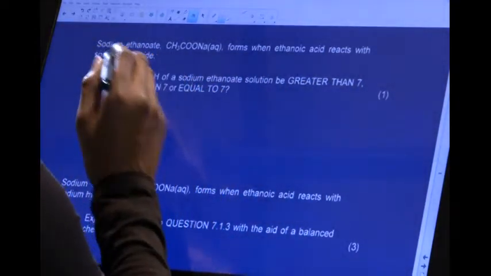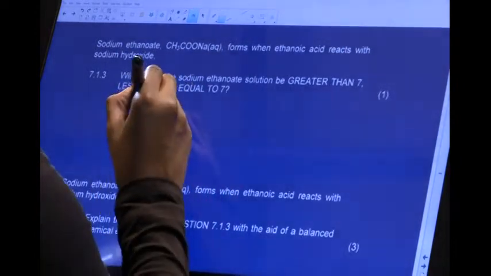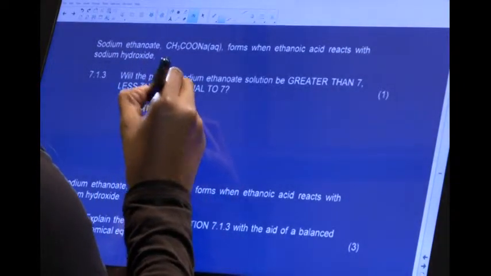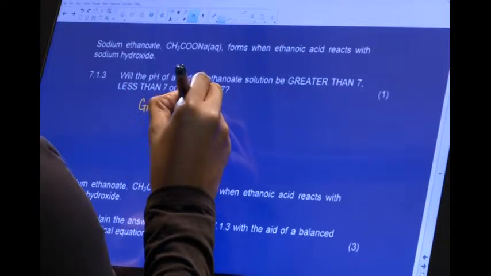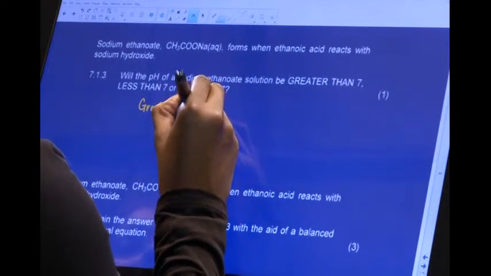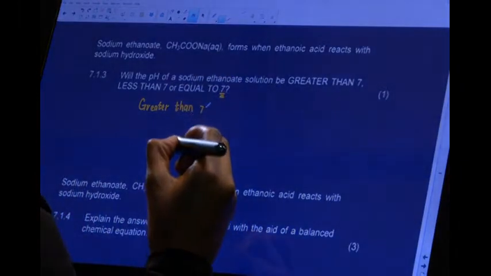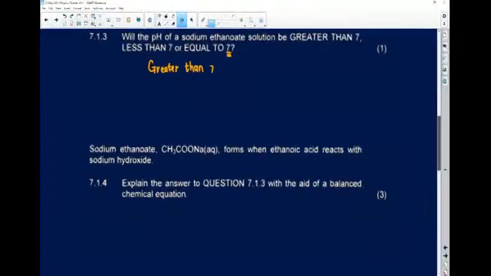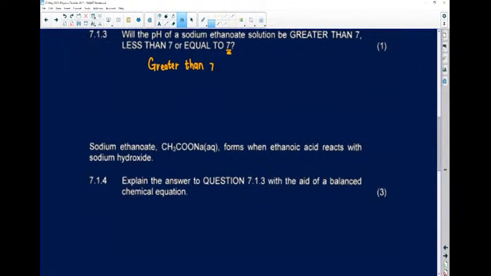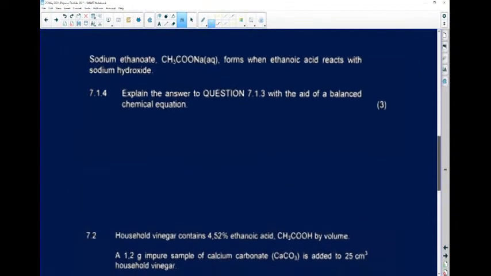Now, we know sodium ethanoate will therefore be greater than 7. Greater than. Remember, anything that is greater than 7 means that it forms more of a basic solution, right? It is a base.